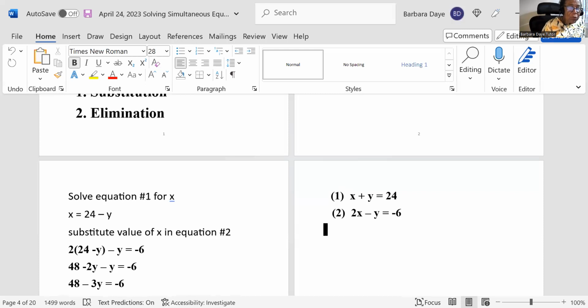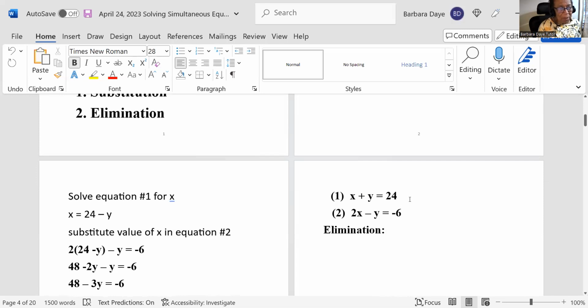Okay, we used substitution. Now we want to use elimination. What we could do is eliminate one of these variables. So now let me ask you, what do you think is the easiest way to eliminate one? We usually do that by adding the equations or subtracting the equations.